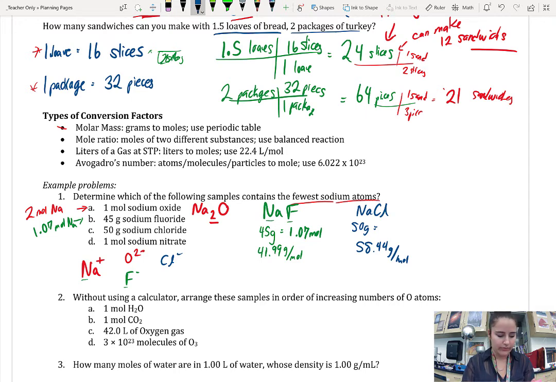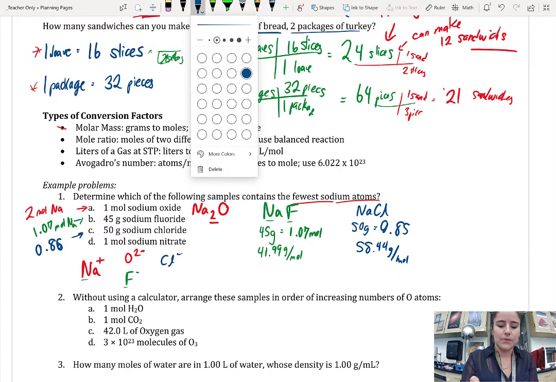So I have 50 divided by 58.44, 0.85 moles of sodium there. Okay, moles of sodium chloride, which is going to equal my moles of sodium. 0.855, so I'm just going to say 0.86.